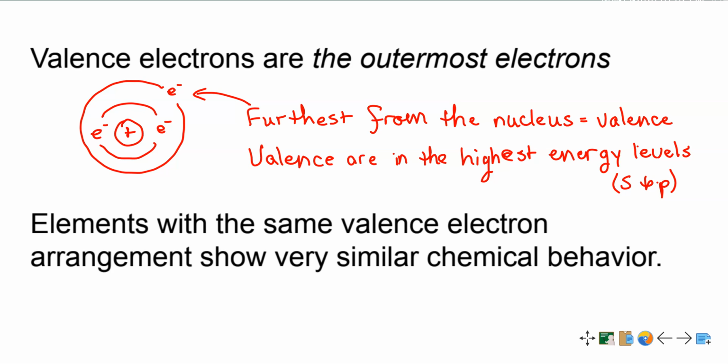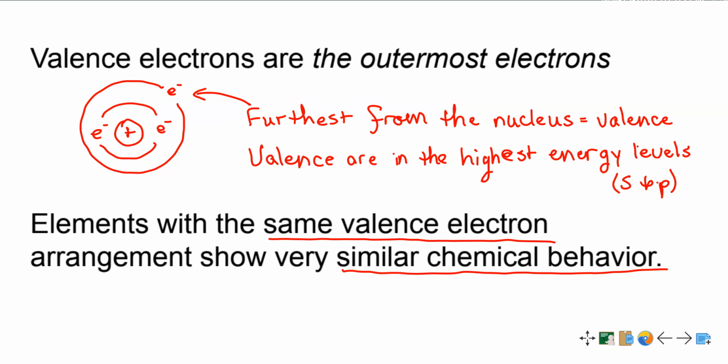Now, here is a key feature that I want you to recall. Elements with the same valence electron arrangement show very similar chemical behavior. So the same valence electrons mean similar chemical behavior. Now, things that have similar valence electrons are things like the alkali metals.